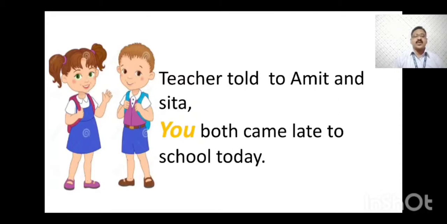Here two children are there, one boy, another girl. So instead of writing Amit and Sita, I have written the pronoun you in place of them. You both came late to school today.